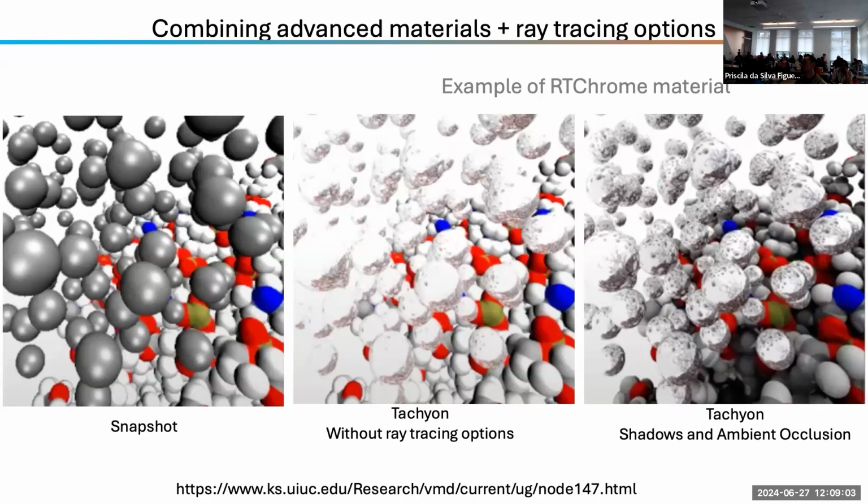But if you use the real-time ray tracing or just render the image, you're able to see a very advanced material with these reflections and this metal-like representation. And you can get the shadows and the ambient occlusion that John showed in those many examples to better convey your image and make it look super cool.